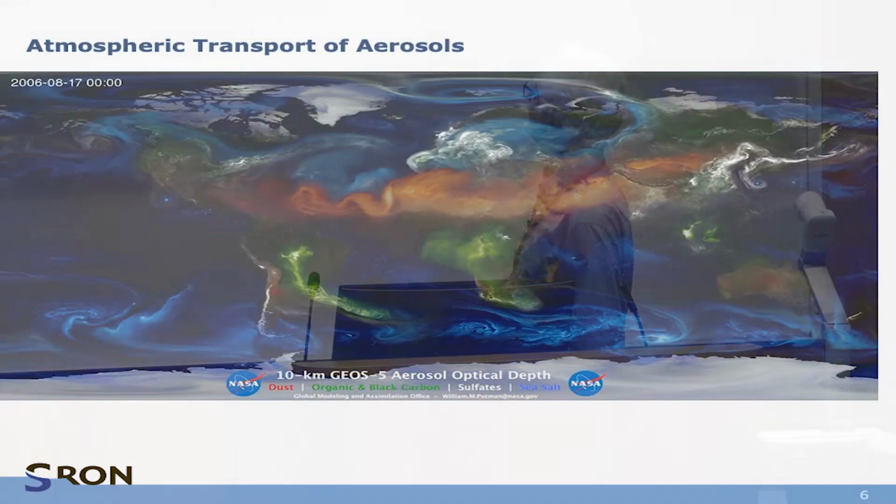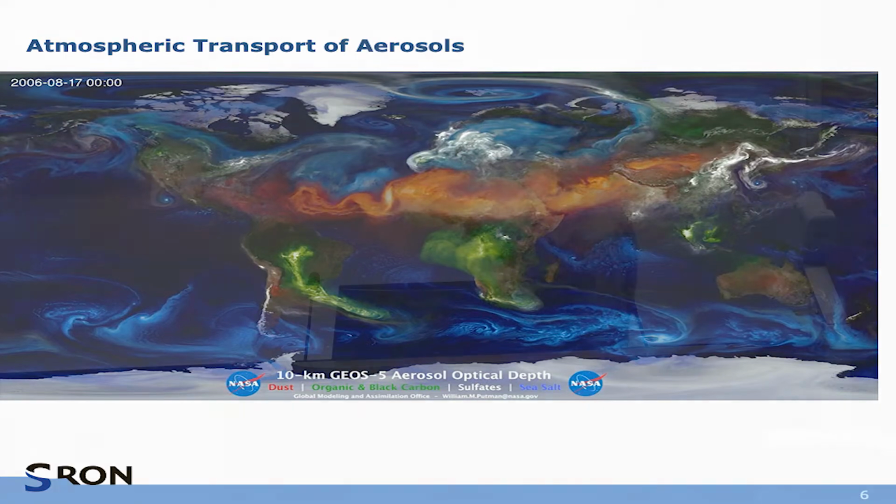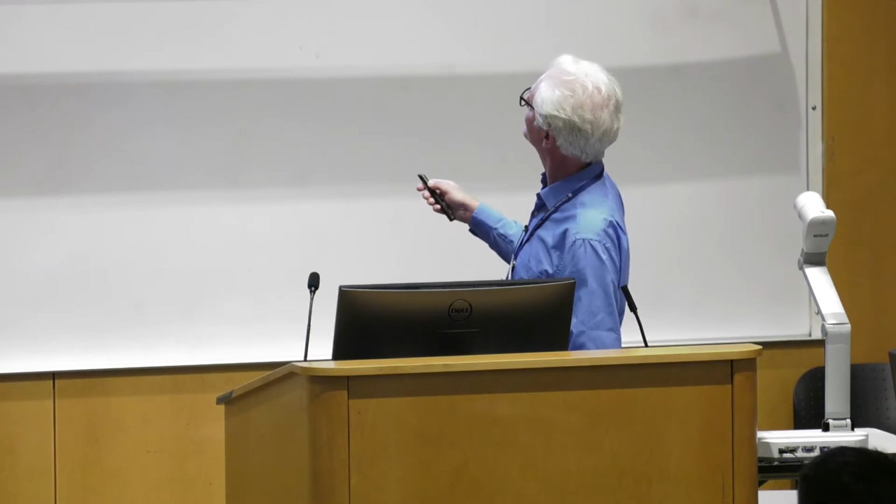So this is a really nice simulation from the Goddard aerosol model. You see all the sea salt here. You see dust. This is probably smoke, could be smoke, could be pollution. Where are we? Sulfates. Okay, so it's sulfates.